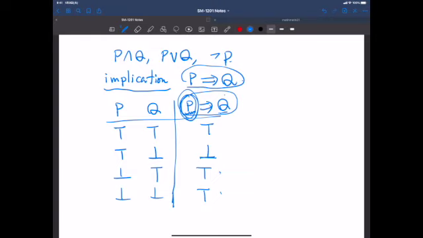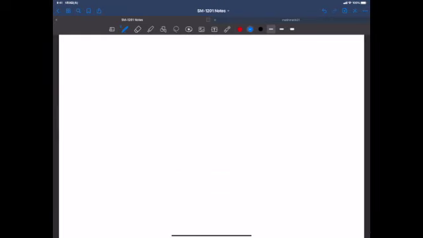Now, related to this, we define a set of related notions. Let's say we have this proposition, P implies Q. So this is again a proposition.